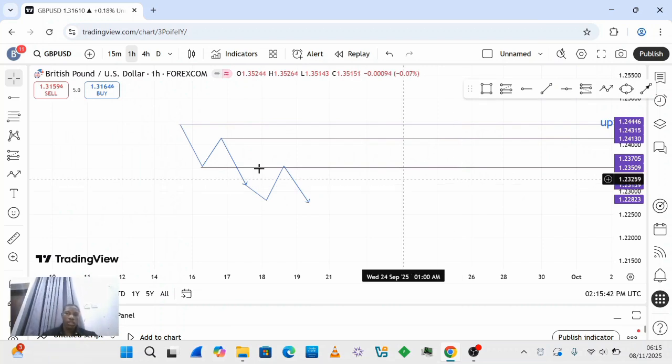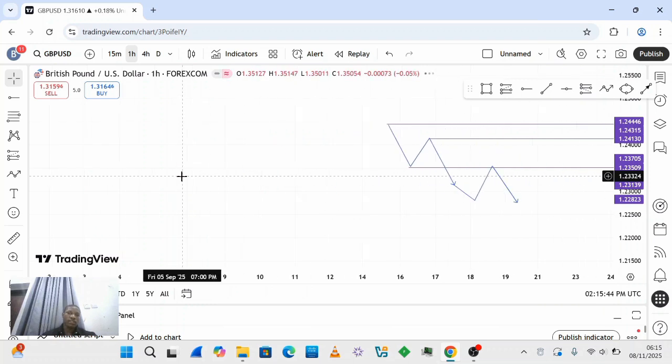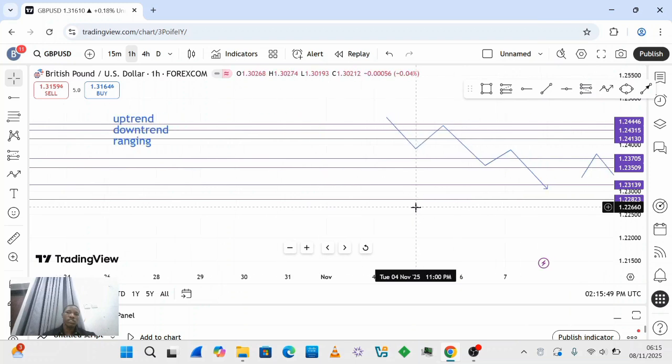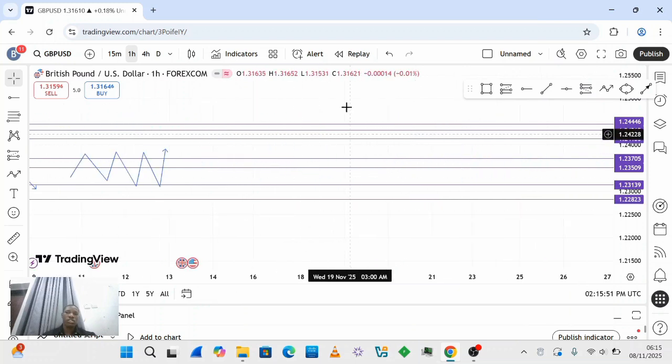Now I will quickly go to the chart to identify each of the trendings and show you how to trade it.